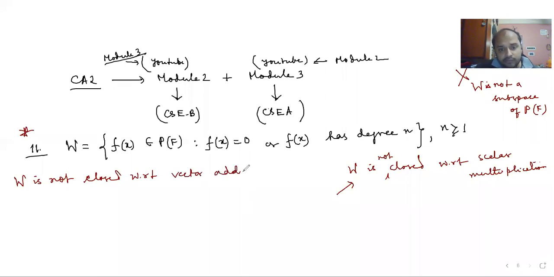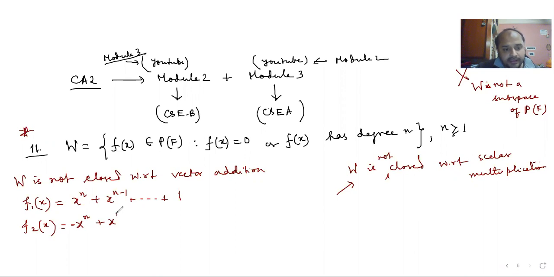Why is it so? Let us consider two polynomials like this. One polynomial of the form x^n minus x^(n-1) plus 1, and another polynomial of the form minus x^n plus x^(n-1) plus 1.